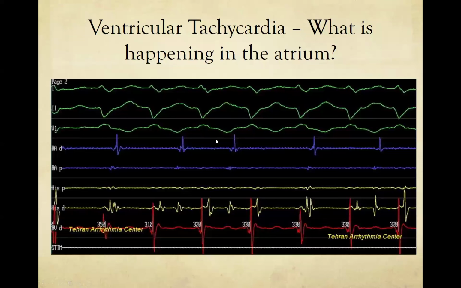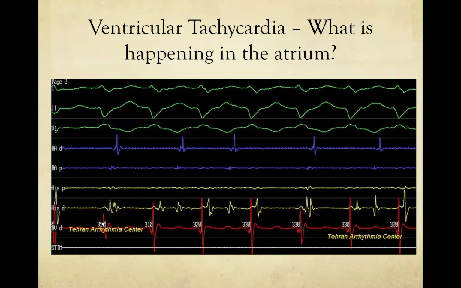You are absolutely right, Vlad, and this is a very difficult question for a general pediatric cardiology fellow. So bravo. What we're seeing here is VA conduction. As Vlad said, these ventricular electrograms correspond to the QRSs here.